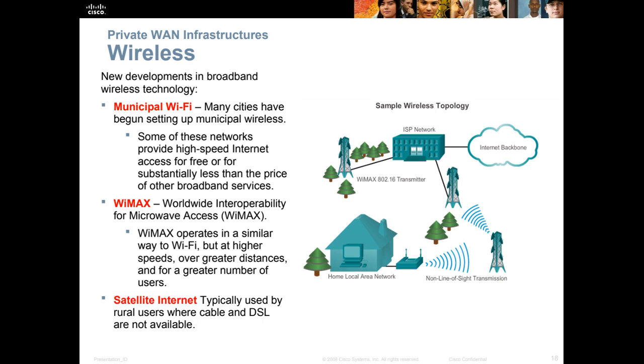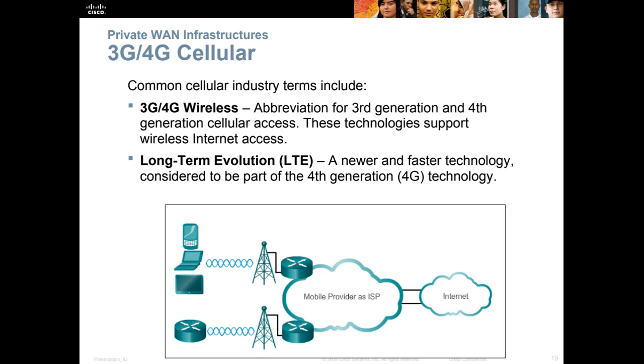Okay. What about satellite internet? Typically used by rural users where cable and DSL are not available. But the speeds are not high and it's more expensive. Mobile, we have 3G, 4G.